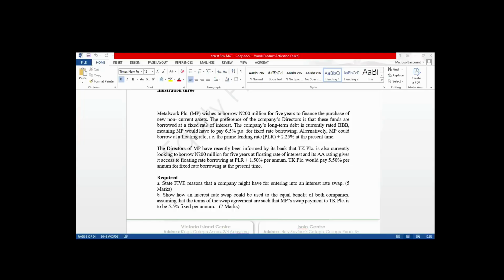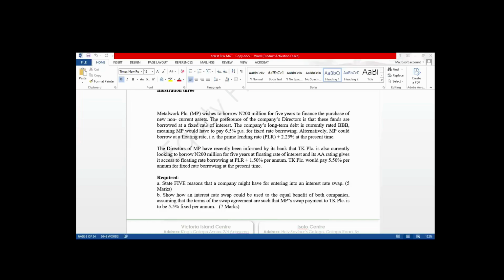Metalwork PLC wishes to borrow 200 million naira for 5 years to finance the purchase of a new non-current asset. The preference of the company's directors is that these funds are borrowed at a fixed rate of interest.